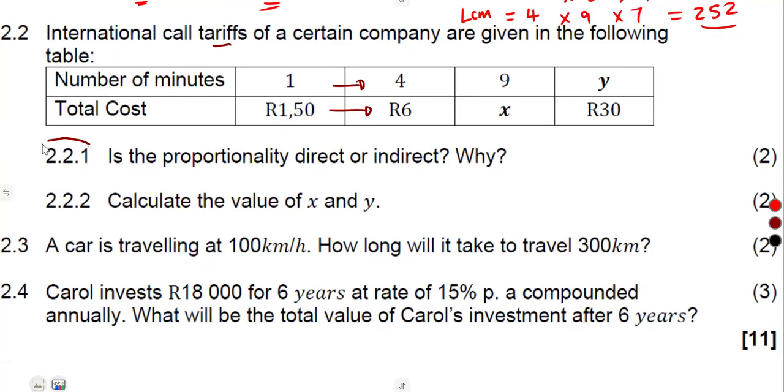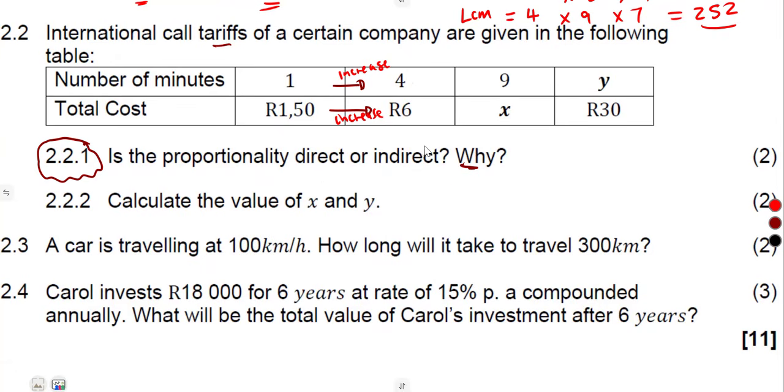So the question here on 2.2.1 is: is the proportionality direct or indirect? Why are you saying that? Guys, we can see that the time is increasing. There is an increase here. The cost is also increasing. What is that type of proportionality?